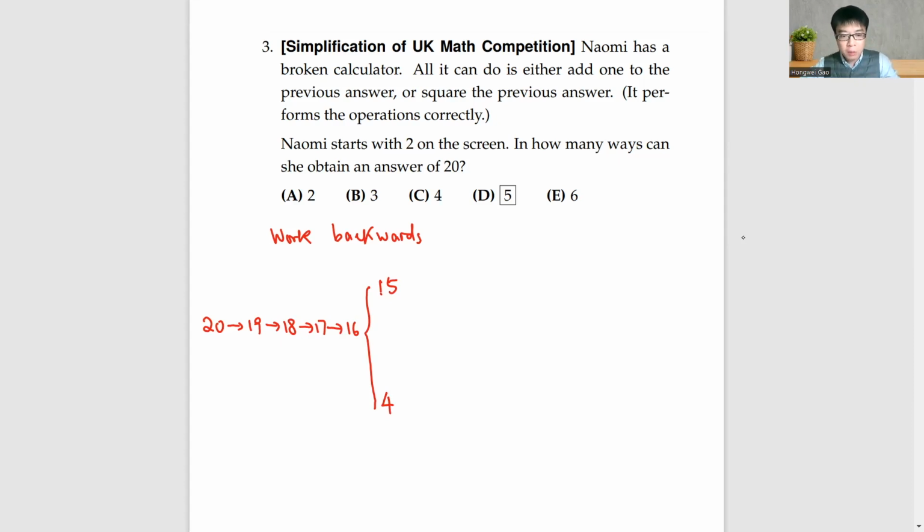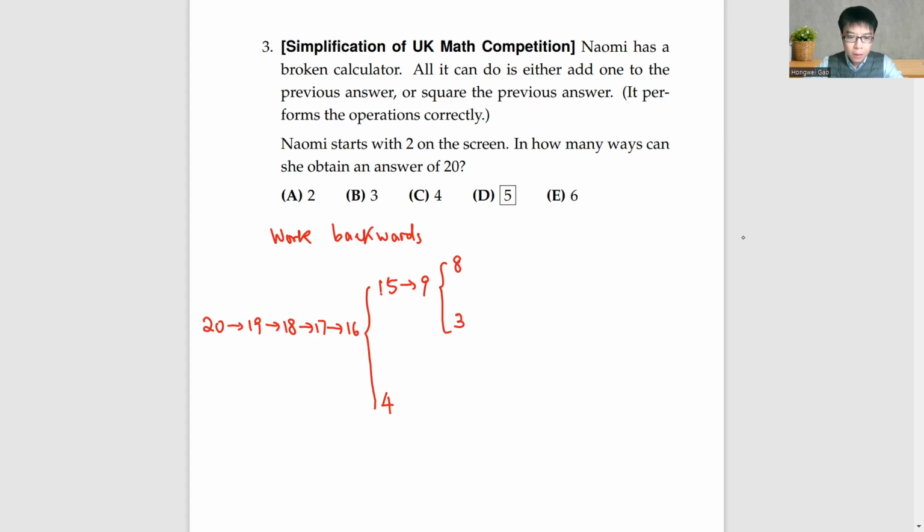Okay, let's apply a similar argument. For 15, we just reduce 15 by 1, 14, 13, up to the next square number. We know that number is 9. So from 15 to 9, there's only one way. But for 9, there are 2 ways because 9 is a square number. So it can be obtained either from 8 or from 3: 8 plus 1 or 3 squared.